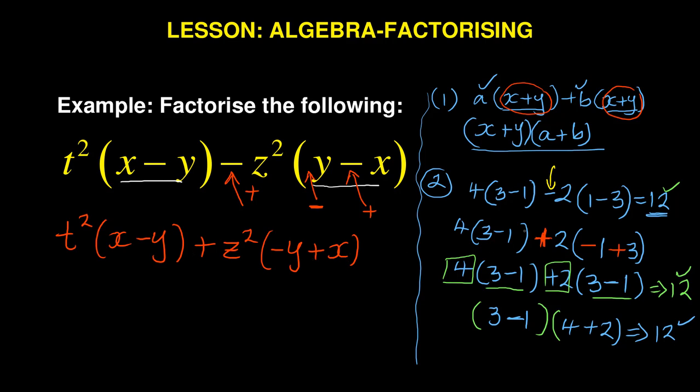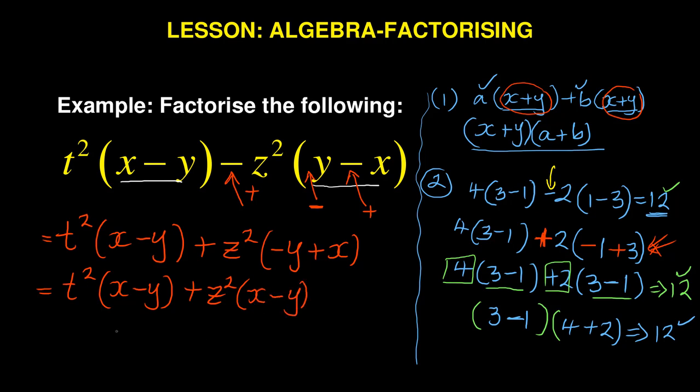So this is the principle that I was showing you in that particular stage. Now when I've done that, which is equal to t squared, now I've got my x minus y plus z squared. Now I can start with the positive x as x minus y.